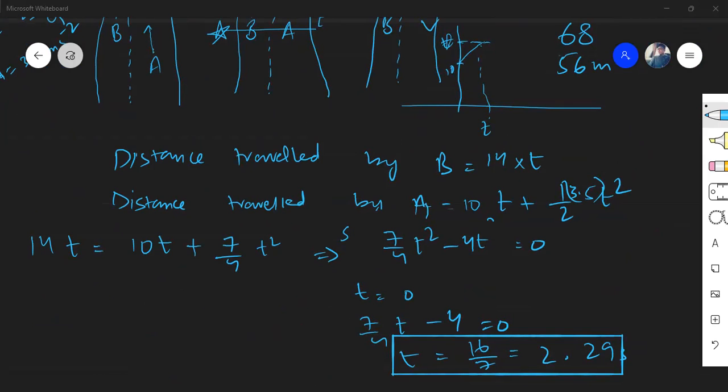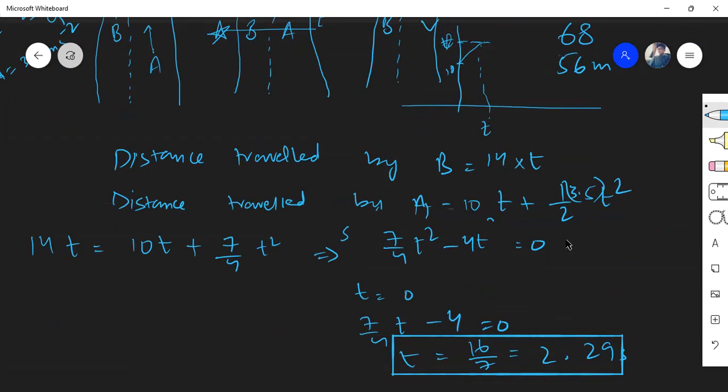How did you get the time for the t squared? Which one are you talking about? How do I solve this equation? I took t common, and then 7 by 4 t minus 4 is equal to 0. From this, we have two solutions for t: t is equal to 0, or 7 by 4 t minus 4 is equal to 0.